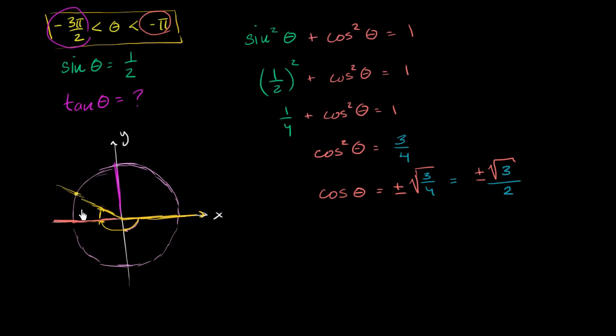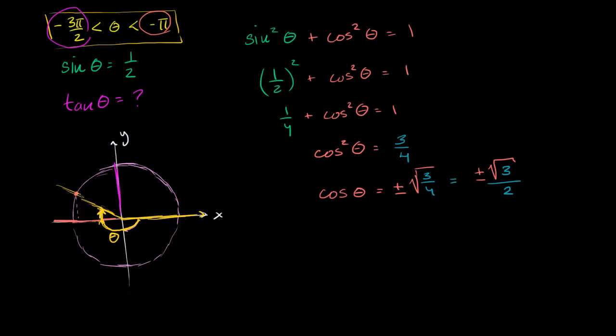And so this whole arc right here, you could think of this as the measure of angle theta. The whole reason I did that is to think about whether the cosine of theta is going to be positive or negative. We clearly see it's in the second quadrant. The cosine of theta is the x-coordinate of this point where our angle intersects the unit circle.